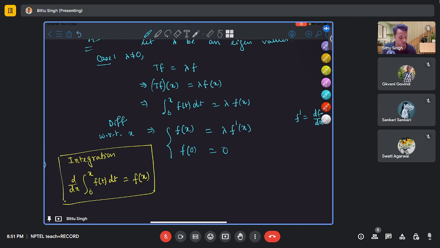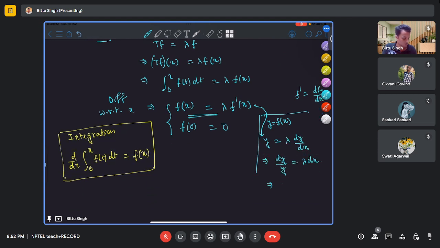Now, the fact that you cannot solve this, because this is the same as y equal to lambda times dy/dx. Just for simplicity, assume f(x) to be y. So equation 1 is given by this, and now dy by y is lambda dx.